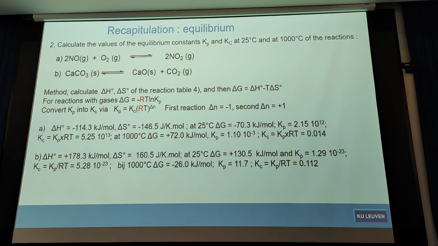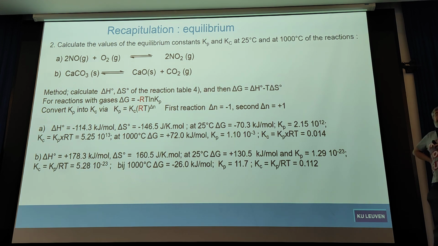So then what about the same reaction but at a different temperature? It's now at 1000 degrees Celsius. Now the entropy factor, minus T delta S, will be a lot larger. And what you can see is that delta G is now a positive number, plus 72 kilojoule per mole.